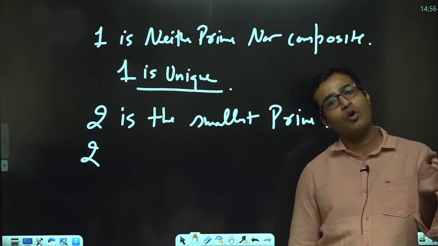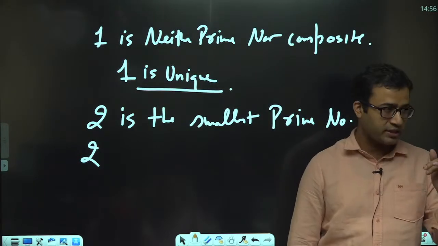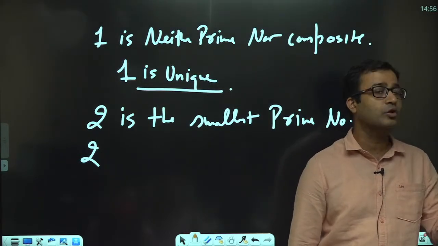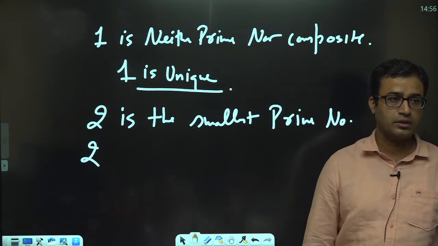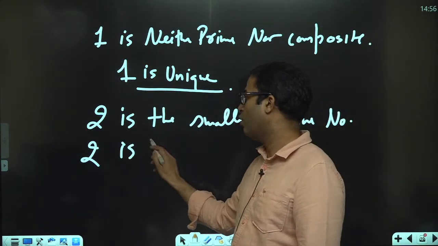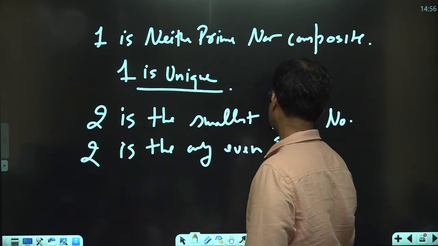Can I conclude all these will be divisible by 2 as well? 4, 6 and 8 are divisible by 2. Since these are divisible by 2 as well, they become composite numbers. So you write: 2 is the only even prime number.